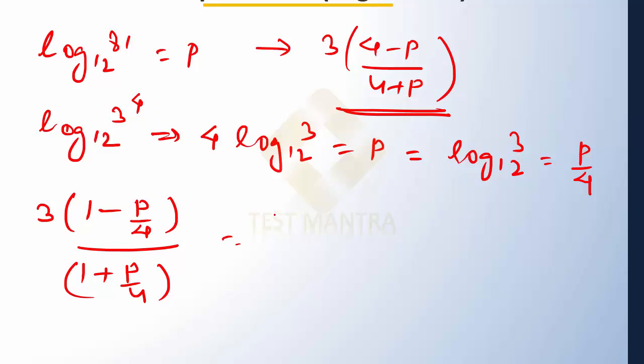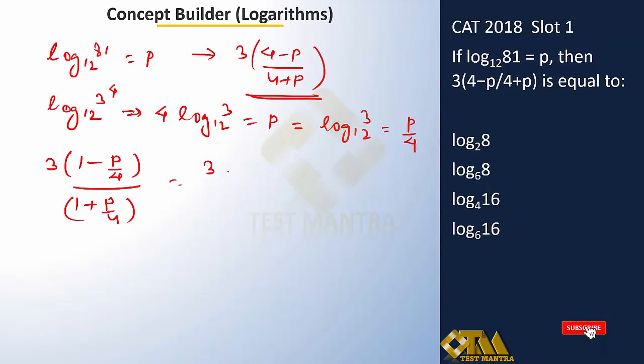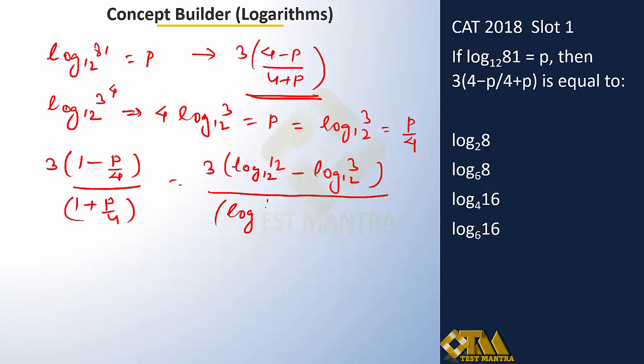So it's 3 times 1, which can be written as log 12 to the base 12 minus log 3 to the base 12 divided by log 12 to the base 12 plus log 3 to the base 12.